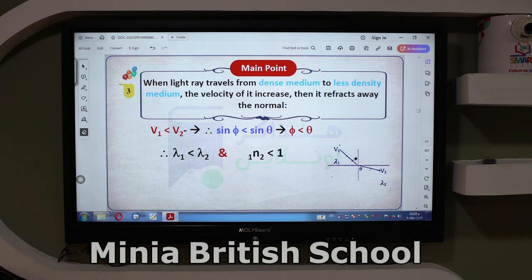When the light ray travels from a dense medium to a less dense medium, its velocity will increase. So v1 is less than v2. So this light ray refracts away from the normal line, and the angle of refraction increases.